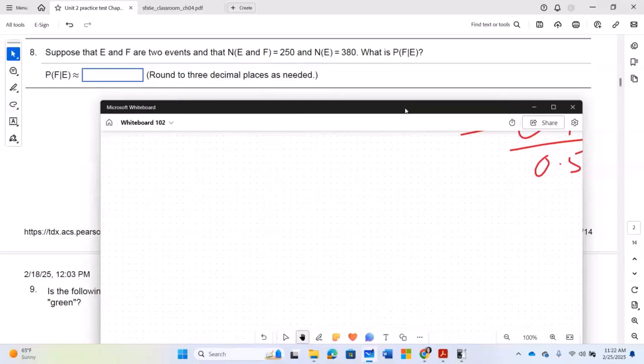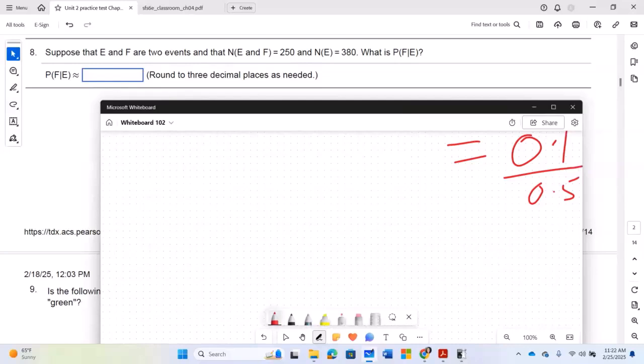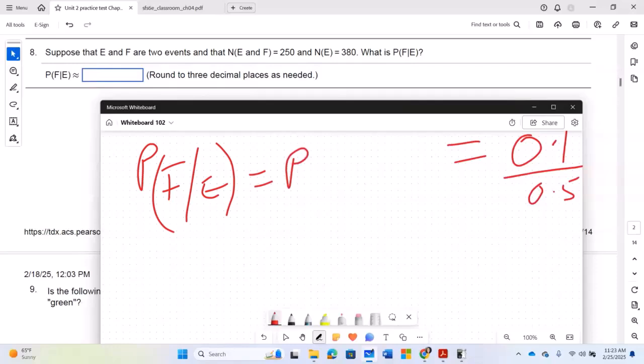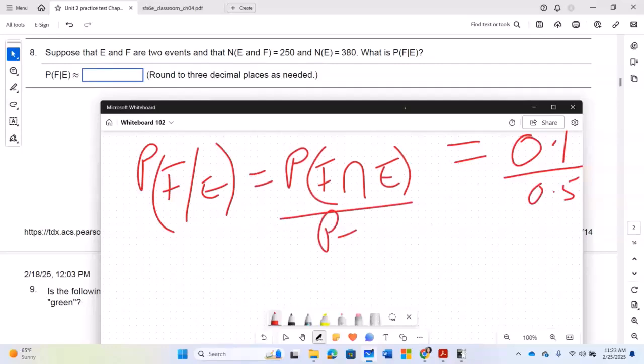So anyway, I'm going to write the formula first. The probability of F given E, that E happened first, is equal to the probability of F intersection E all over the one that happened first, probability of E. But this time we are given numbers, the counts.